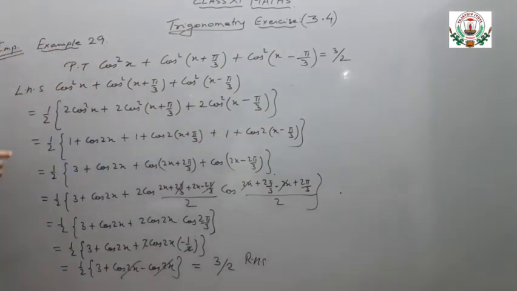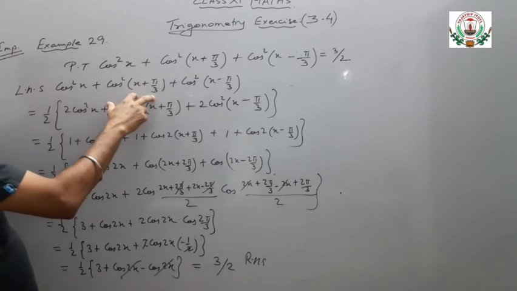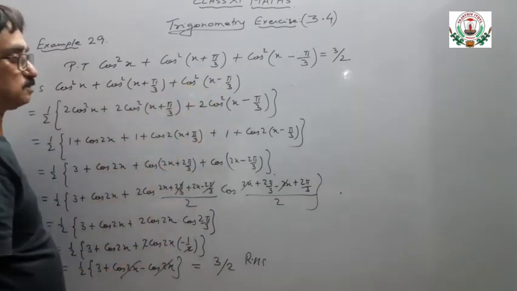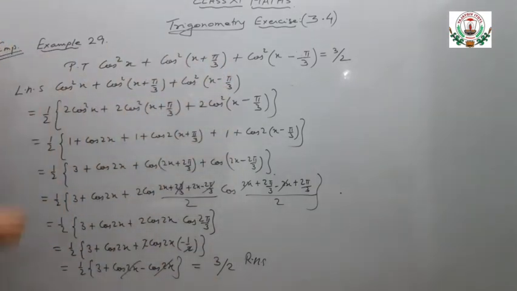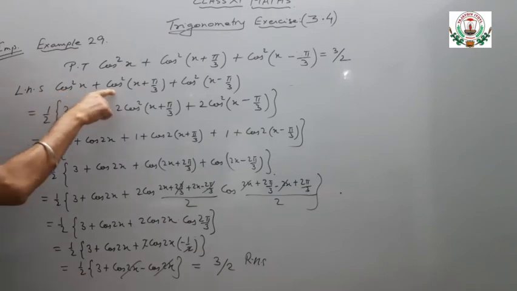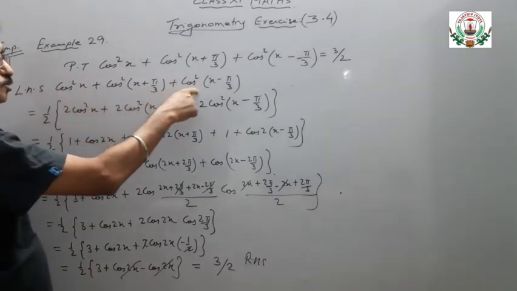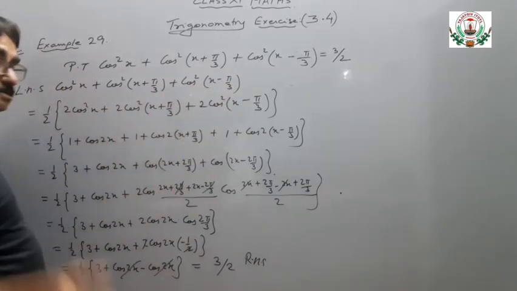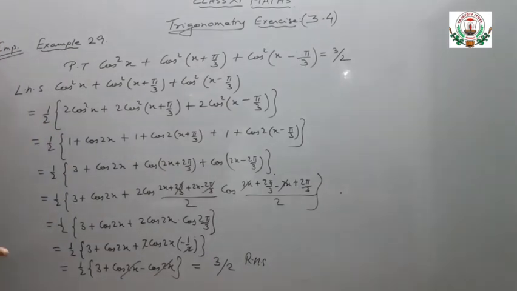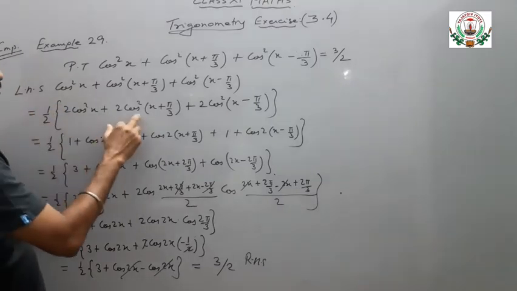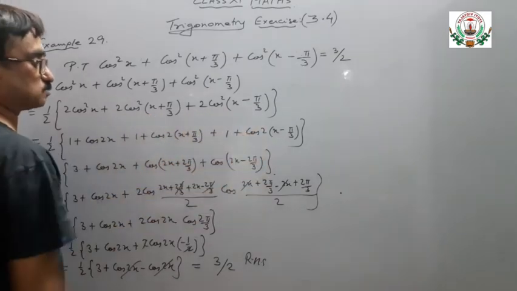So cos square x plus cos square (x plus pi by 3) plus cos square (x minus pi by 3), we take the LHS and make it 2 cos square x, 2 cos square (x plus pi by 3) plus 2 cos square (x minus pi by 3), in the format of 2 cos square theta. I have multiplied the numerator and the denominator by 2, so I got 1 by 2 times (2 cos square x plus 2 cos square (x plus pi by 3) plus 2 cos square (x minus pi by 3)).